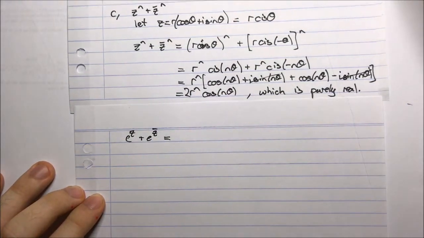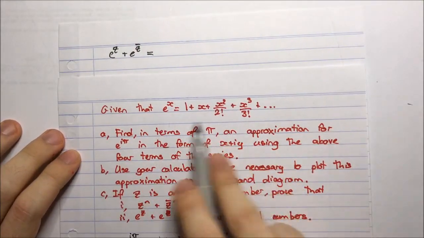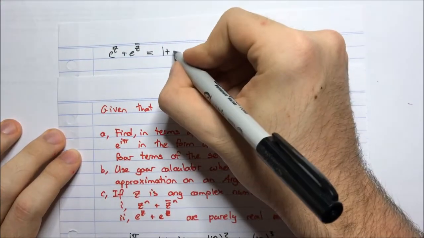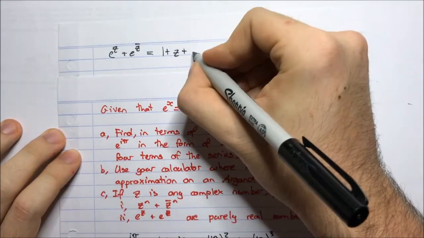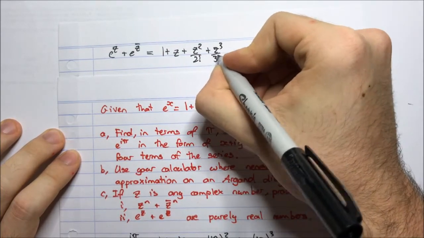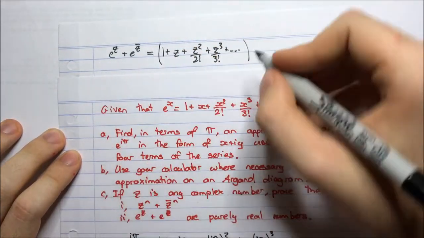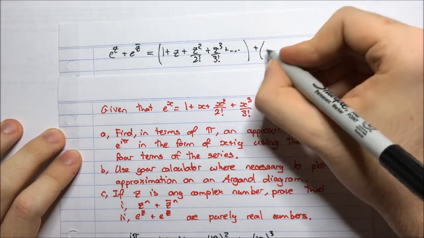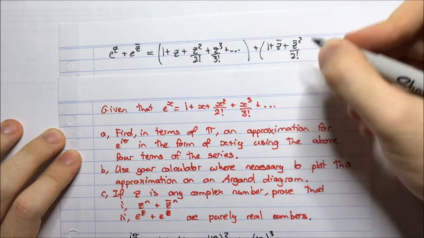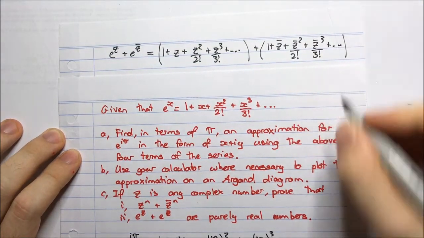Going back into the formula given for e to the x, I get 1 plus z plus z squared on 2 factorial, and so on, z cubed on 3 factorial. That's for e to the z. And now for e to the z bar, it's 1 plus z bar plus z bar squared on 2 factorial plus z bar cubed on 3 factorial, and so on.